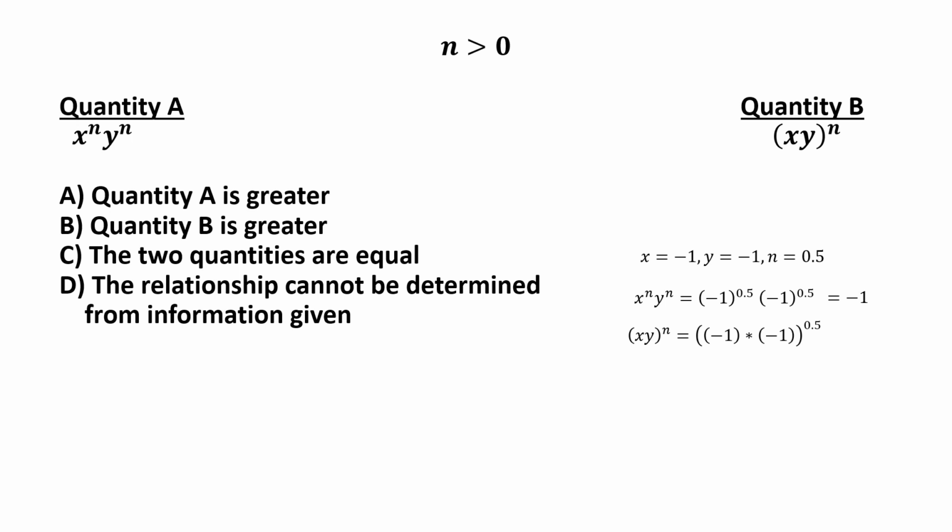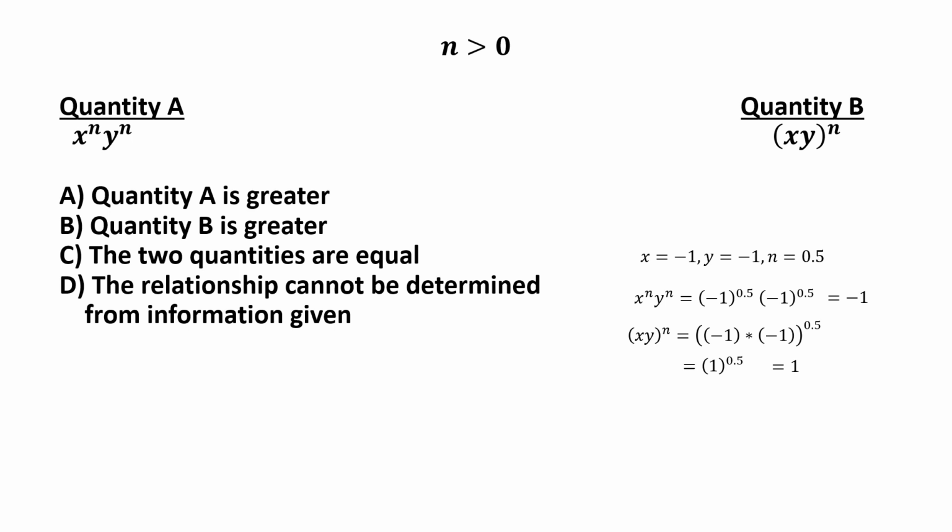Whereas if we do (xy) whole to the power n for these values of x, y, and n, the product within parentheses, xy, is minus 1 multiplied by minus 1, which comes to 1, and 1 to the power 0.5 is simply 1. So in this case, we have a difference in the values of x to the power n multiplied by y to the power n, and (xy) whole to the power n.